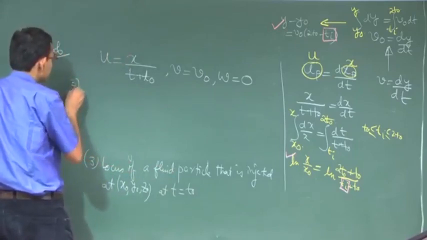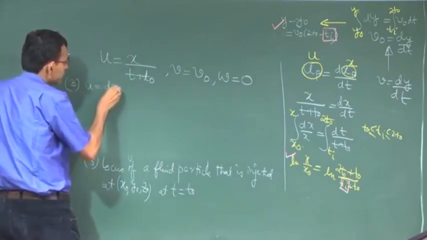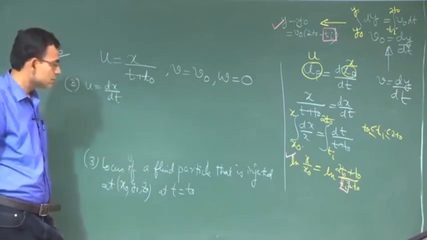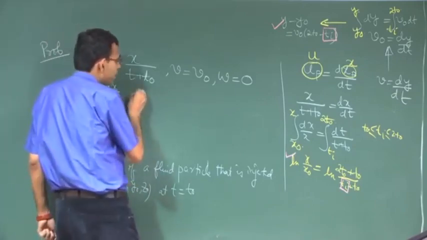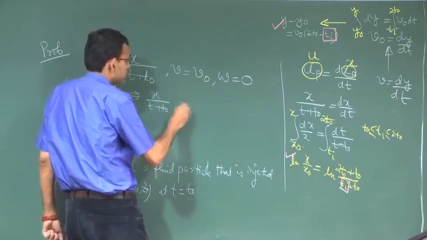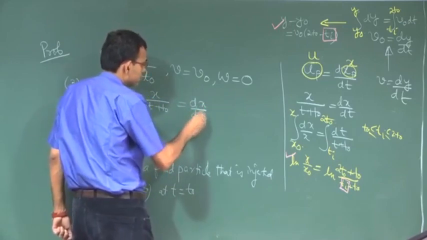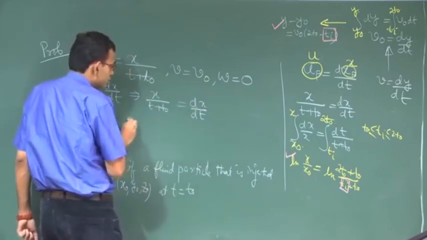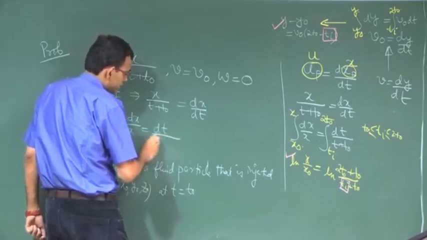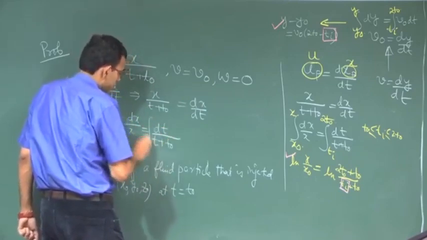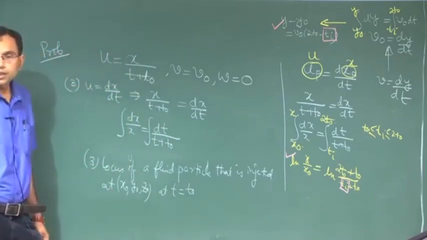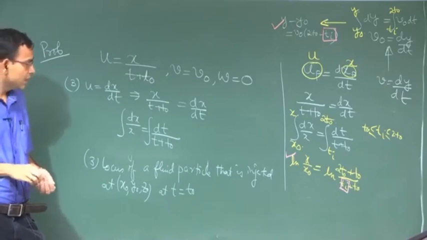So, the third part, x by t plus t0 integrated, so dx by x. What are the limits of integration now?